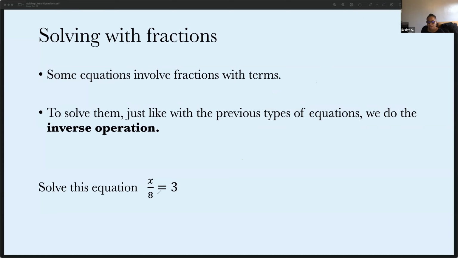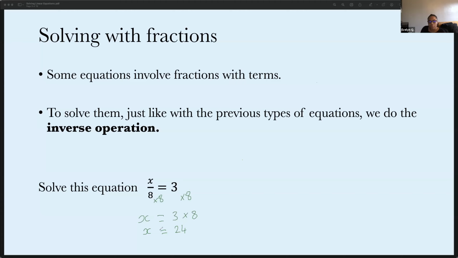So we should get rid of this 8. If I am dividing by 8 on the left-hand side, I need to do the inverse operation. So I need to multiply both sides by 8. So I'm left with x equals 3 times 8. 3 times 8 is 24.